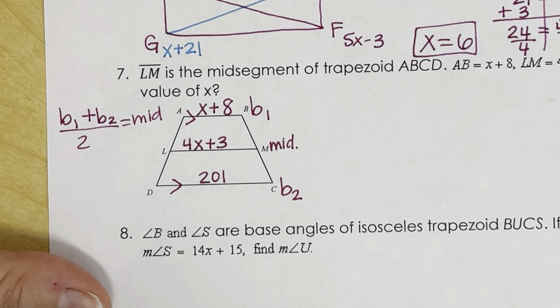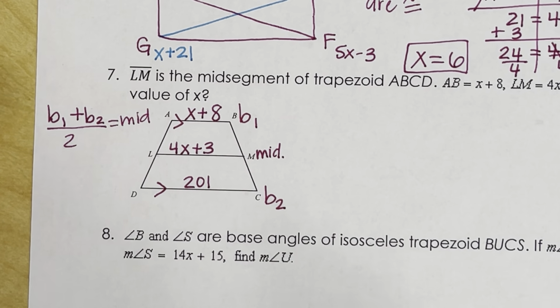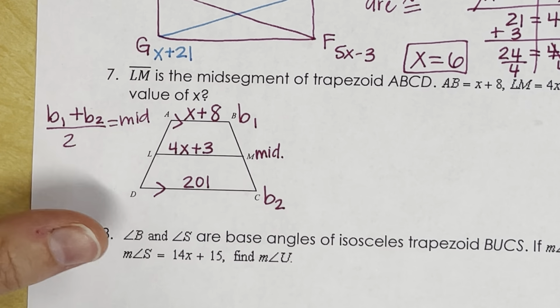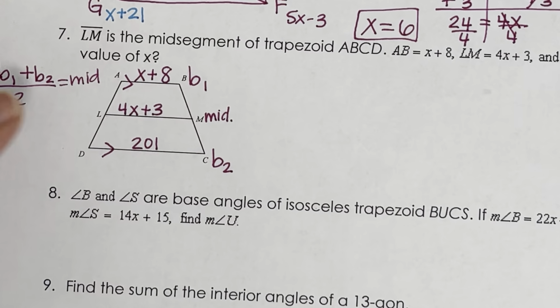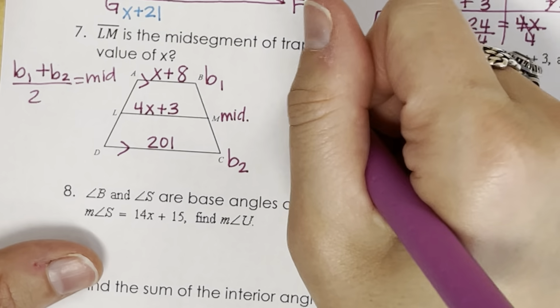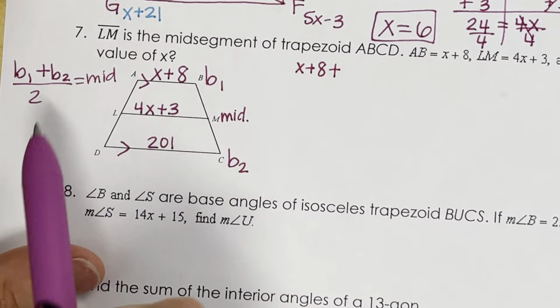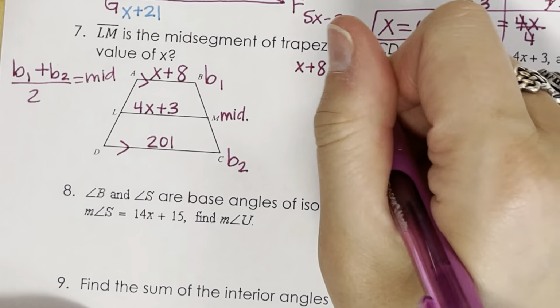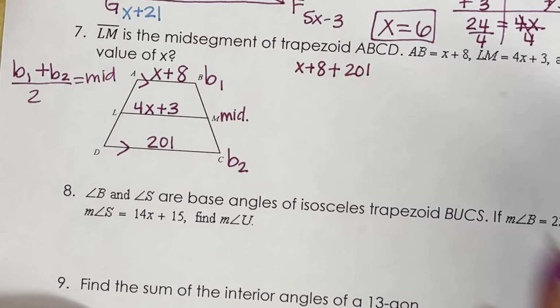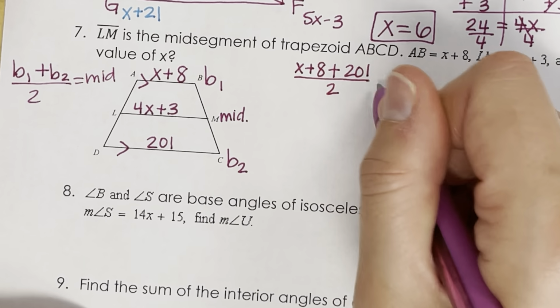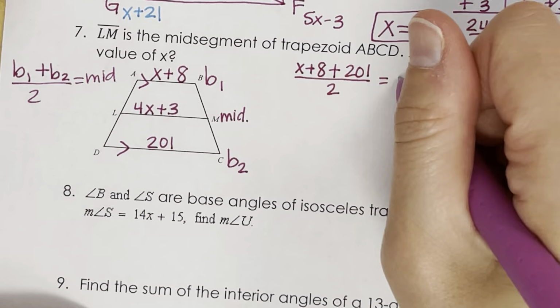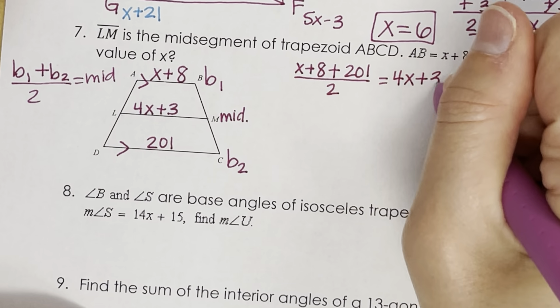Doesn't matter which order I put them in, as long as the mid one is in the center. So now I'm just going to plug them into the equation. Base 1 is x plus 8 plus base 2 is 201 divided by 2 gives me my mid-segment, which is 4x plus 3.